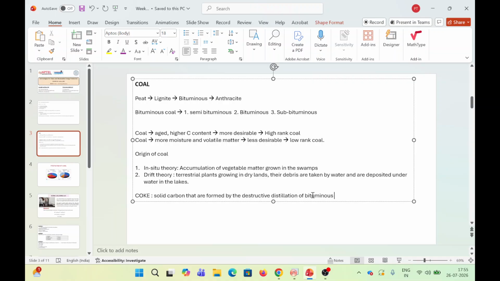And any idea on why we typically use bituminous? I mean, in coal we saw many types, right? Peat, anthracite, bituminous. But in case of formation of coke, we use bituminous coal. Any reason?